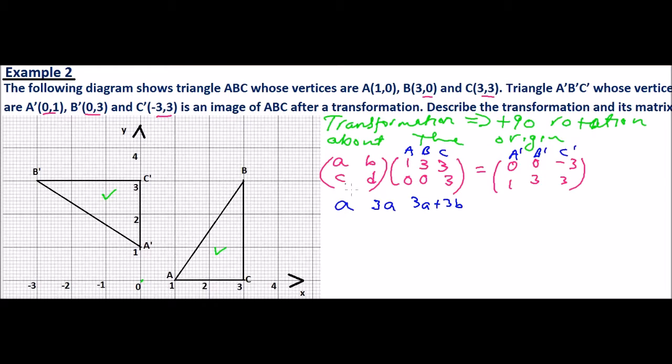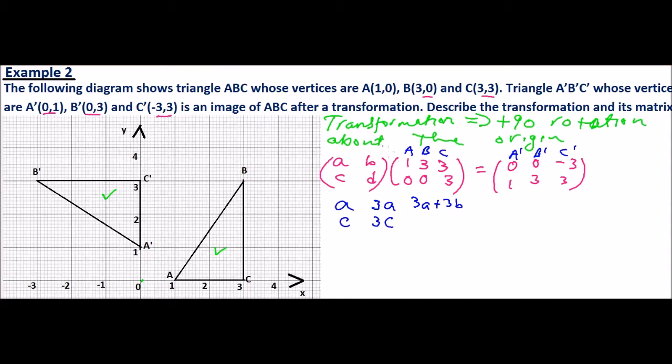We come to the second row: C times 1 gives us C, D times 0 is 0, so we are left with C. Then C times 3 is 3C, D times 0 is 0, so this is 3C.